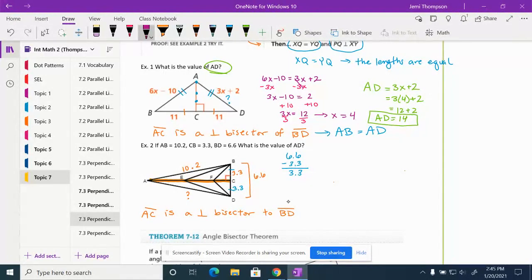For example, point E. I know that point E is the same distance from B as it is from D. So the sides are congruent.